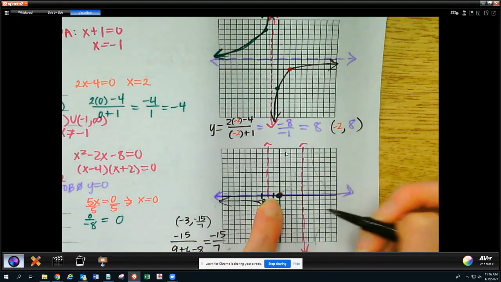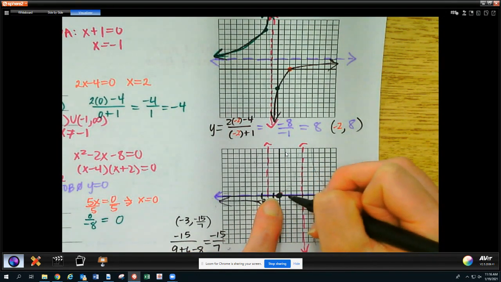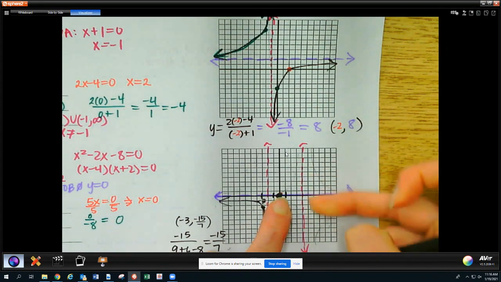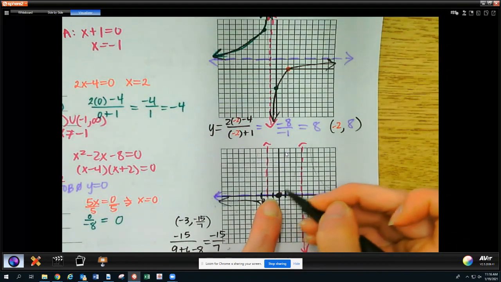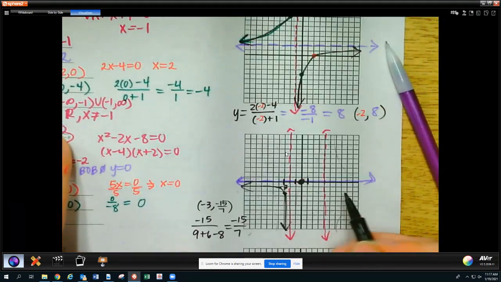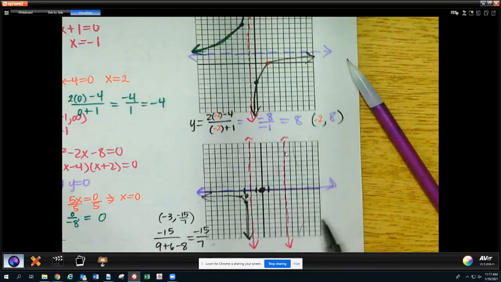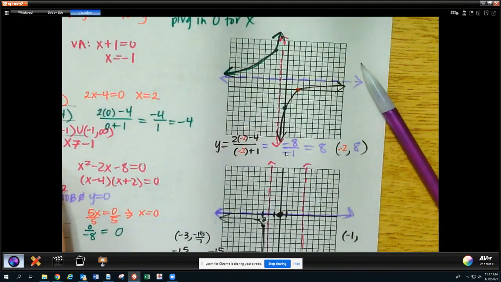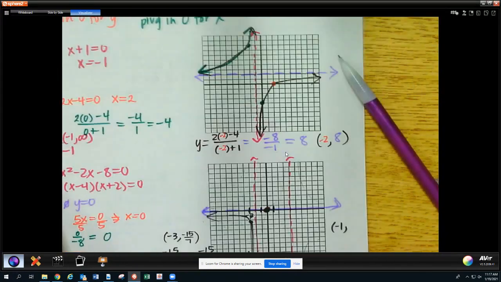So I'm going to have to plug in -1, and I'm going to have to plug in either +1, +2, anything before this vertical asymptote. So if I plug in -1, and I'm trying to do this in my head so this video isn't super long, the 5 times -1 would give me -5 on top.